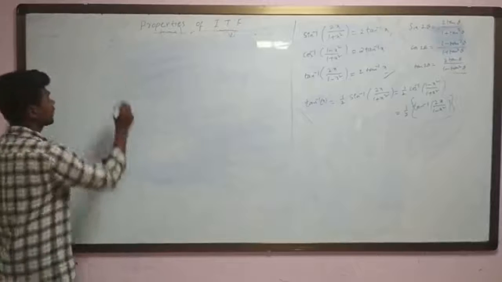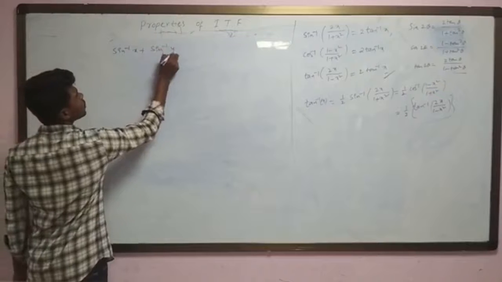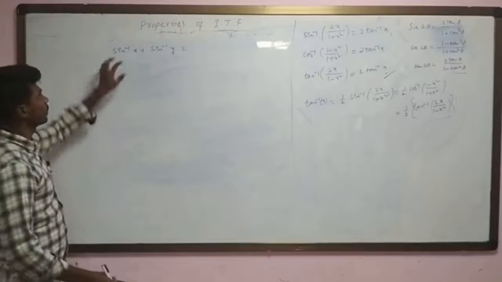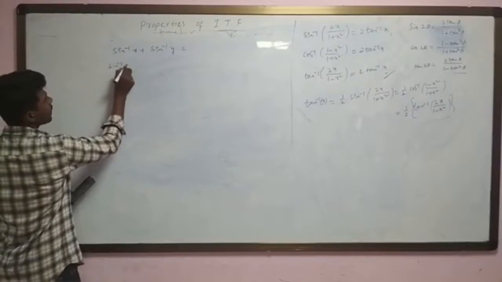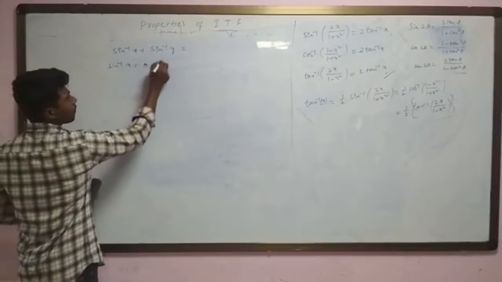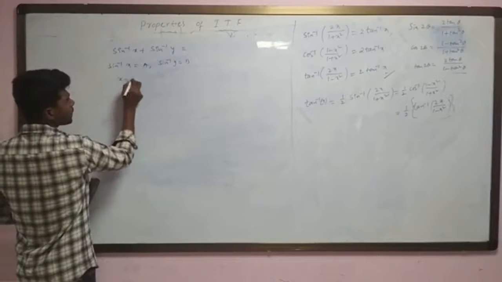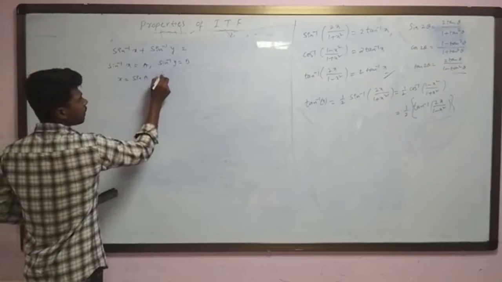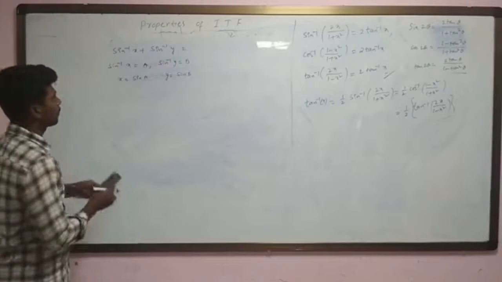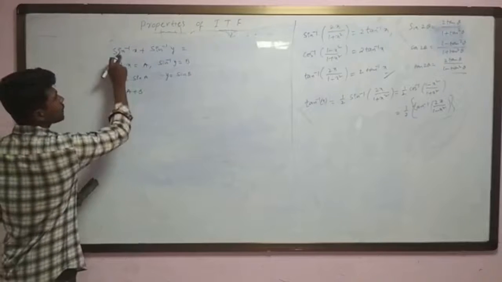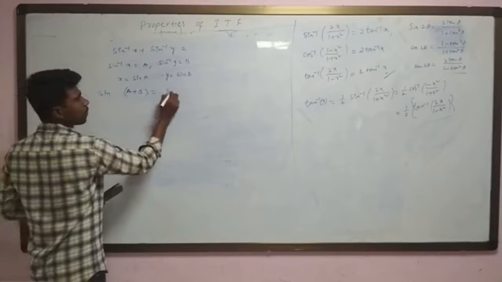So sin inverse x plus sin inverse y. If I suppose sin inverse x I take as A, sin inverse y I take as B, then x acts as sin A, y acts as sin B. Now, if I apply sin on both sides of A plus B, what I get?